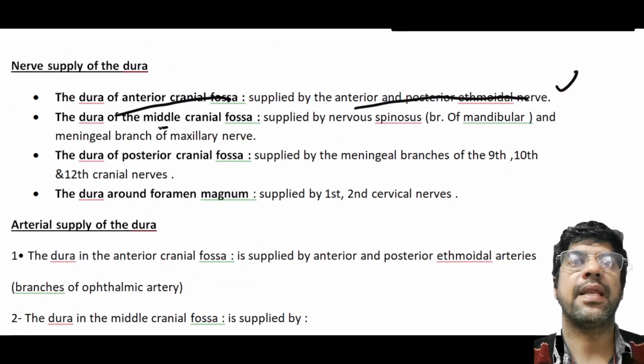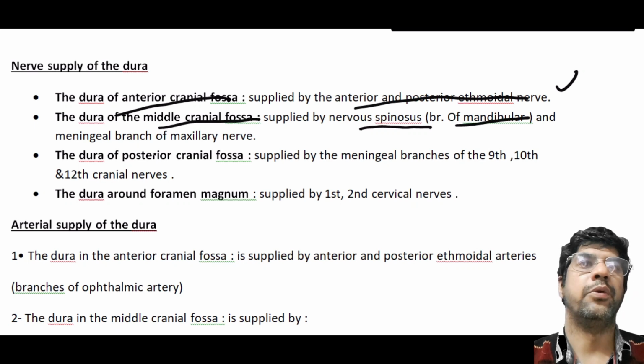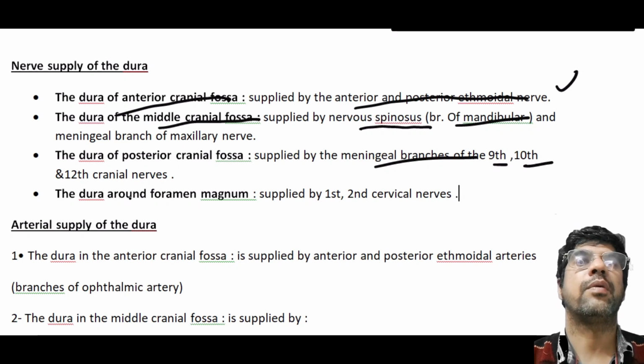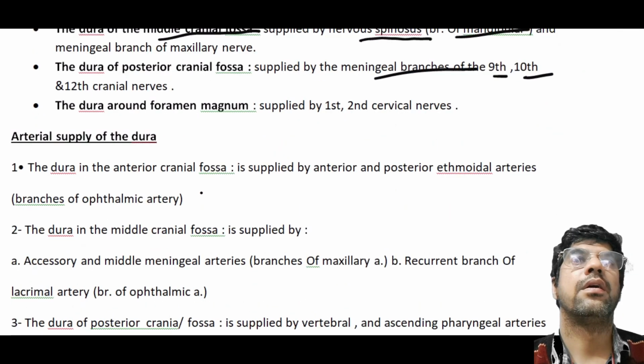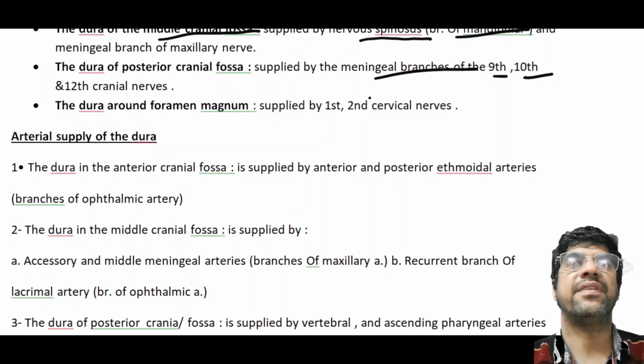The dura of the middle cranial fossa is supplied by the nervus spinosus, a branch of the mandibular nerve, and the meningeal branch of the maxillary nerve. The dura of the posterior cranial fossa is supplied by meningeal branches of the 9th, 10th and 12th cranial nerves. The dura around the foramen magnum is supplied by the first and second cervical nerves.